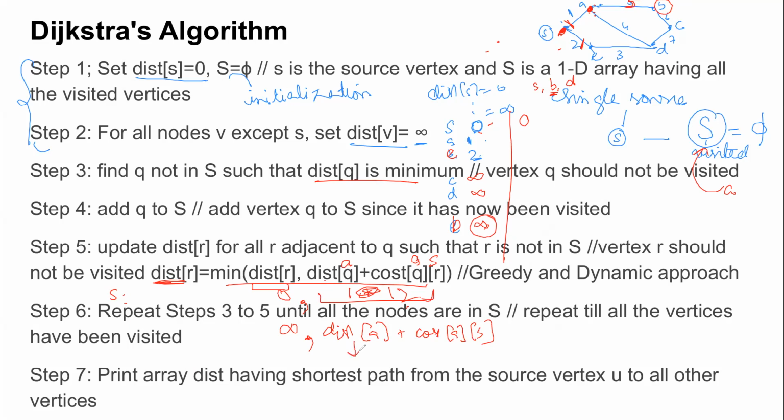What is the distance of A? Just look at this table, class. Very good, it's 1. And the cost of AB is 5, which makes 6. Here you have infinity, so will it be updated as per the greedy algorithm? Yes, so it will become 6. Very good, so B is done.